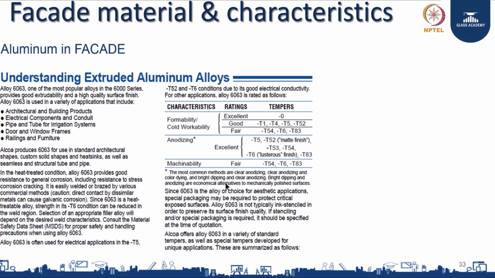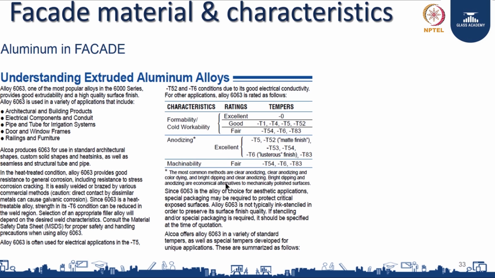Aluminum's formability and cold workability are excellent, and anodizing gives surface protection against corrosion. So it works very well compared to any other metal. The next metals available are steel and copper, but they are not as strong. So strength wise, malleability wise, function wise, aluminum plays a major role.